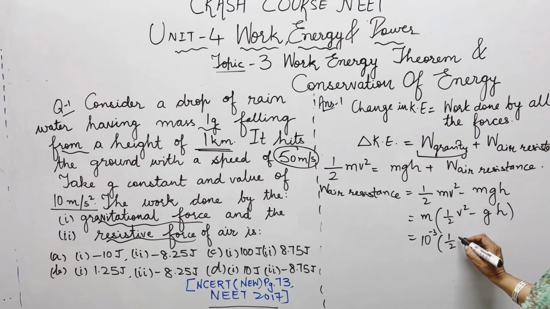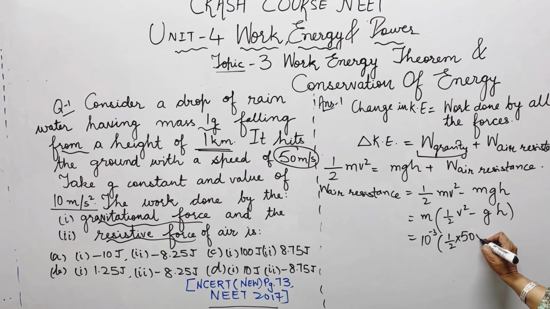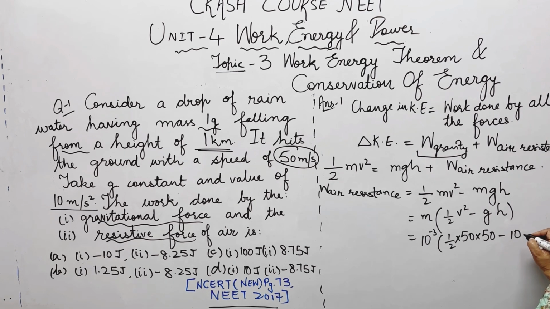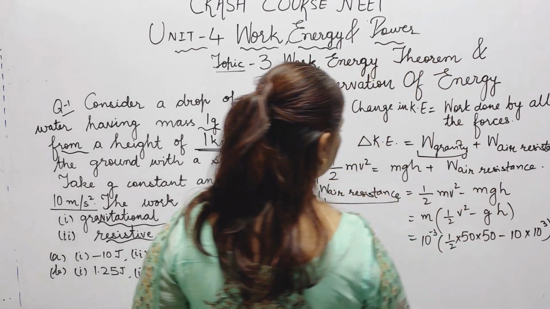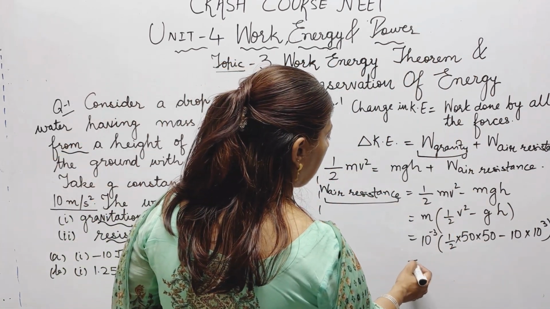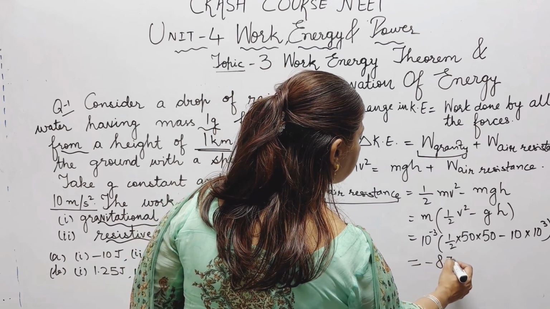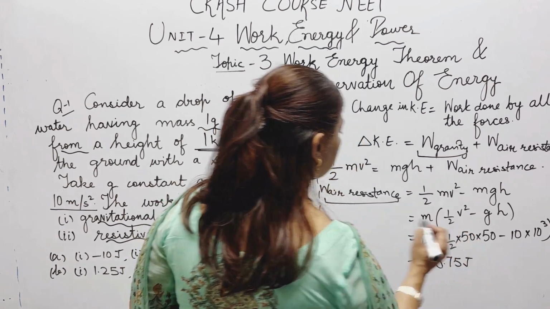Velocity is 50 meter per second, and gh is 10 into height, which is 1 kilometer, 10 power 3. This is how we can find the air resistance by solving it, and the value comes out to be minus 8.75 joule.